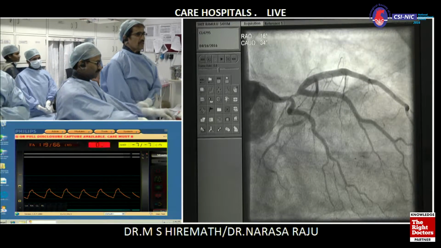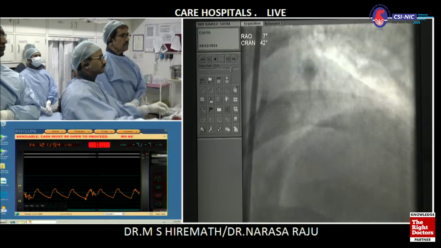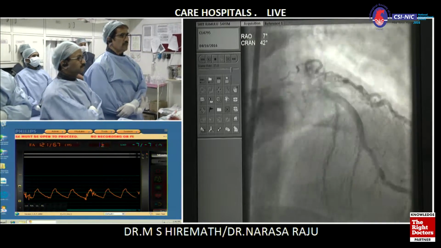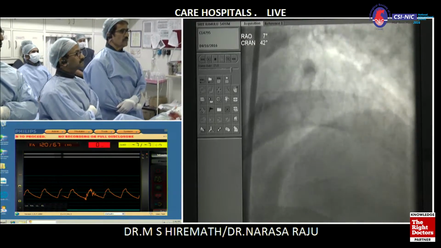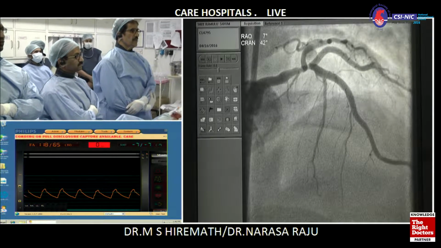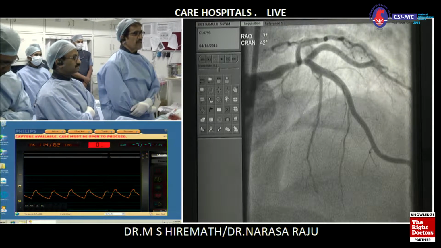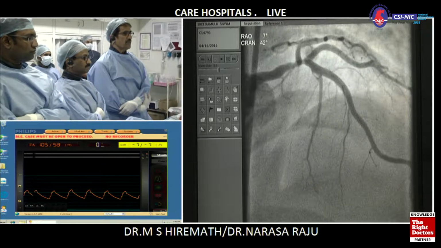Next run, please. This is the epicranial view. Can you freeze that again? It's a sort of focal lesion involving the distal left main and ostial LAD.